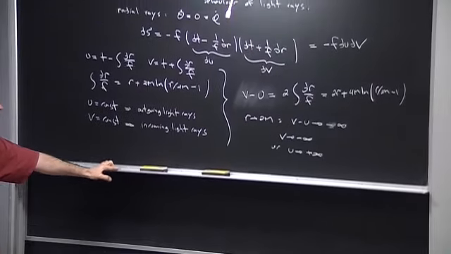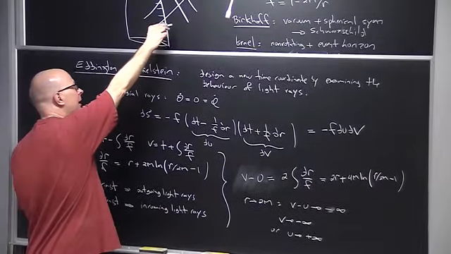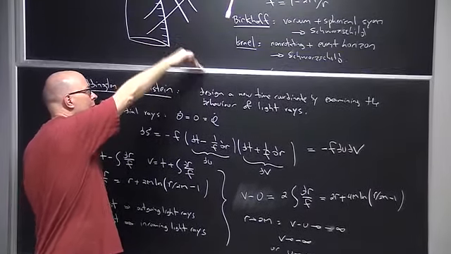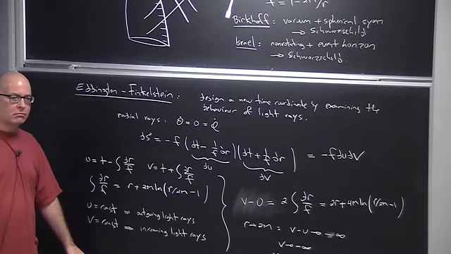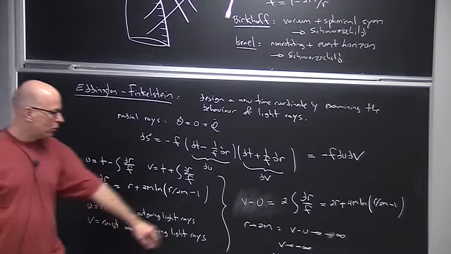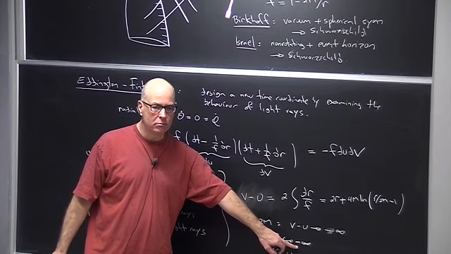V going to minus infinity means that you look at those incoming light rays and you look at what they were doing in the infinite past.